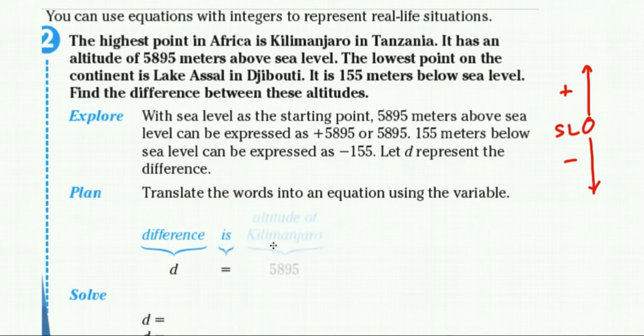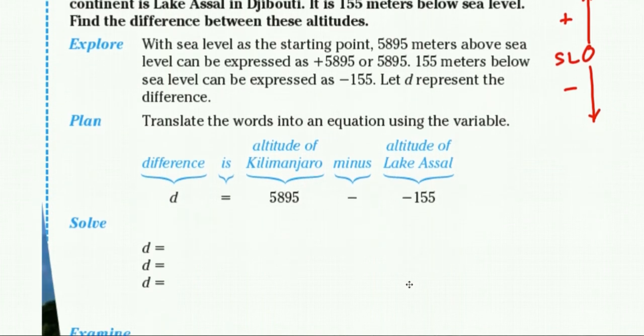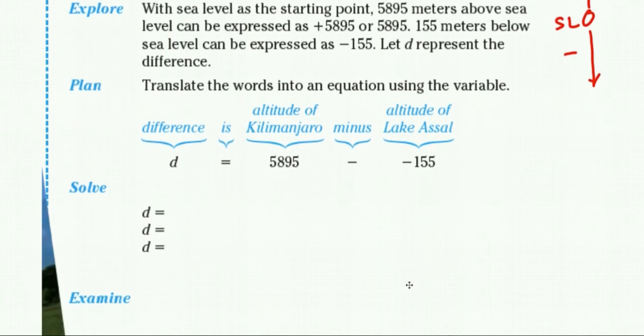we look at the altitude of Kilimanjaro, which is 5,895, and then we subtract, because we're looking for the difference, the altitude of Lake Assal, which is negative 155. Using what we know about the additive inverse property in adding integers, we now have 5,895 minus 155.